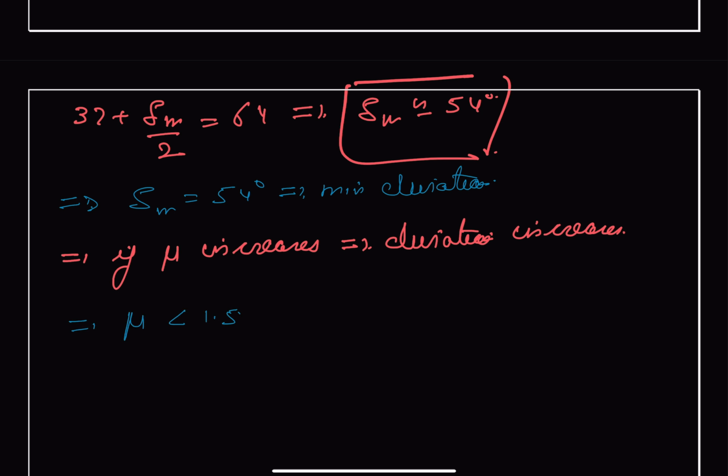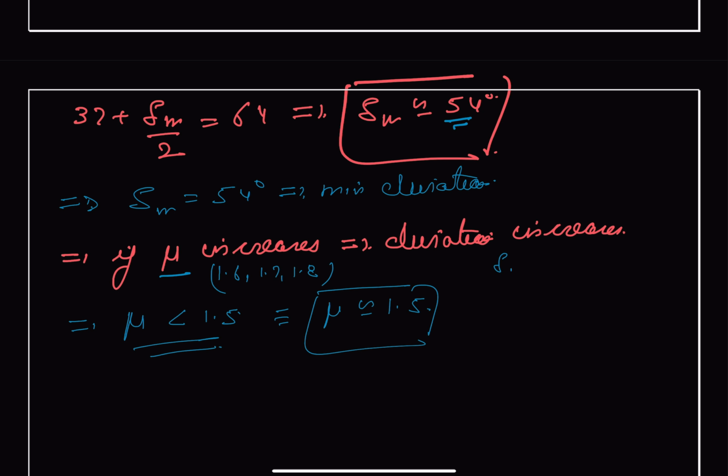Or we can say this mu should be approximately equal to 1.5, because this value is giving us a minimum value of our delta m, that is 54. For all other values of mu, which are 1.6, 1.7 and 1.8, the deviation will be greater than 54.